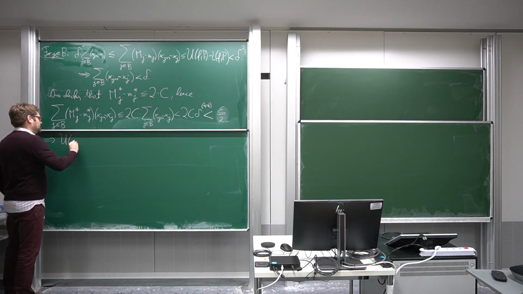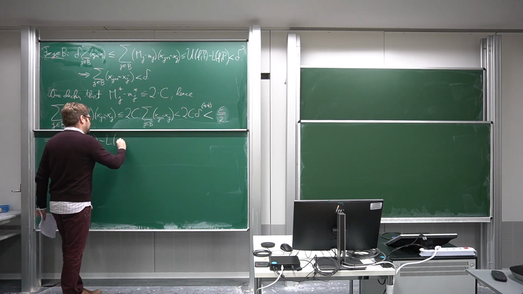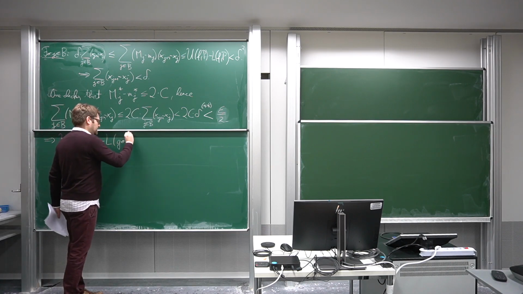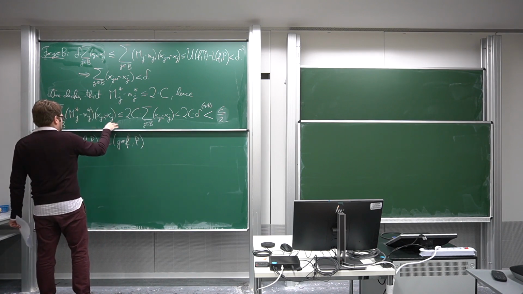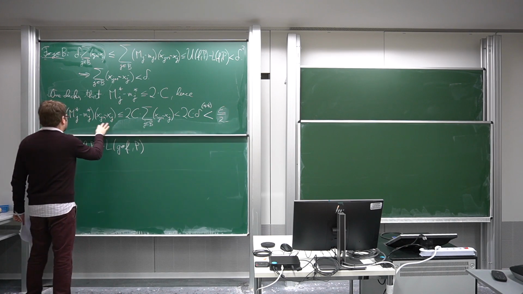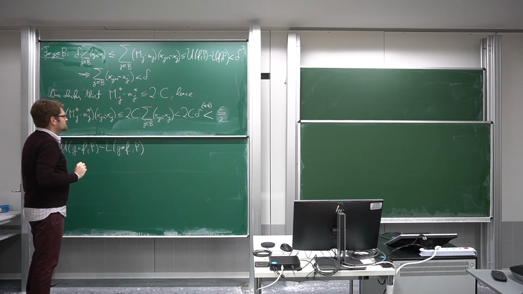Namely, this implies that U of g composed with f_P minus L of g composed with f_P, and I leave out the details, consists of all these differences, the sum of all of these for all j between 0 and n minus 1.